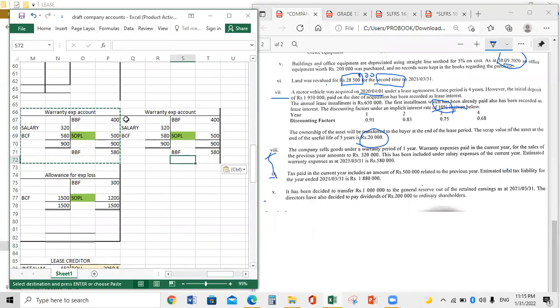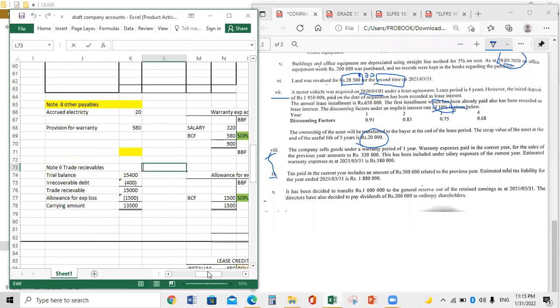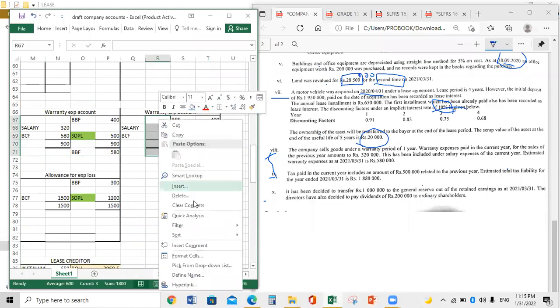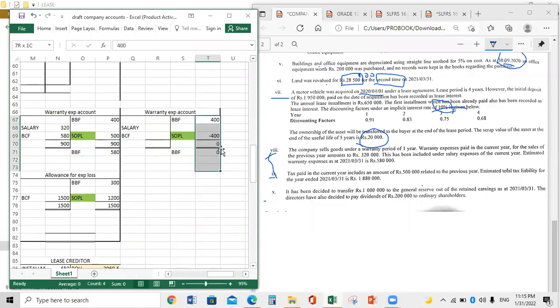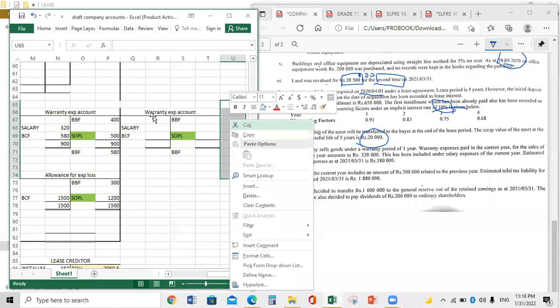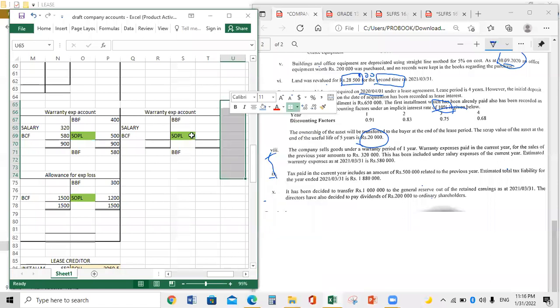Delete this. We'll draw an income tax account. Have they given any opening balance in the question?